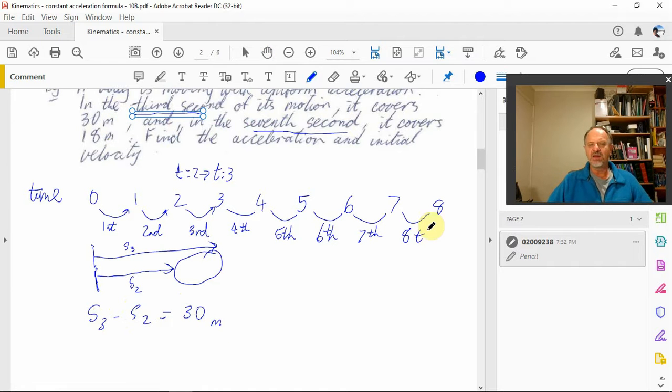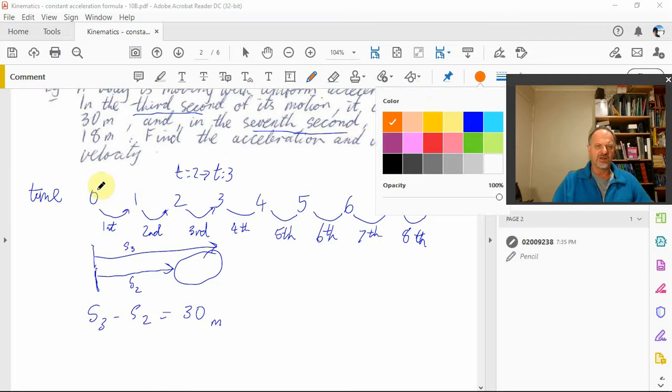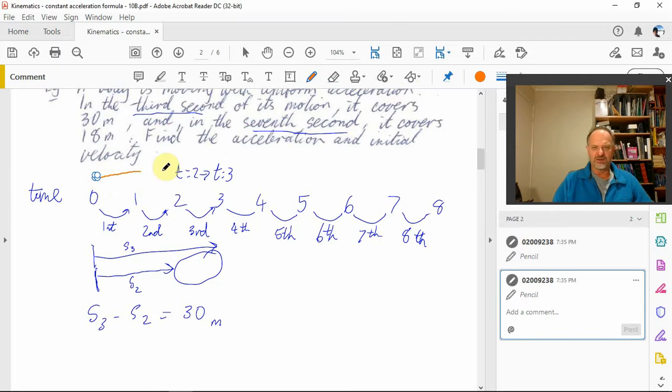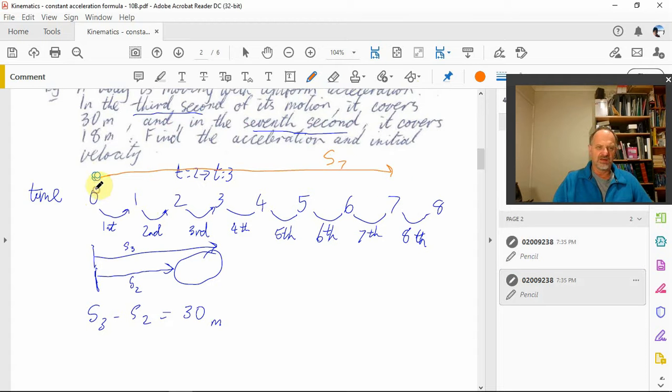And so a similar discussion about the 7th second, that's this second here. So again, from the start, we're looking at the distance it travels in 7 seconds and the distance it travels in 6, and in the 7th second, the 18 metres, that's what it travels in that second there.